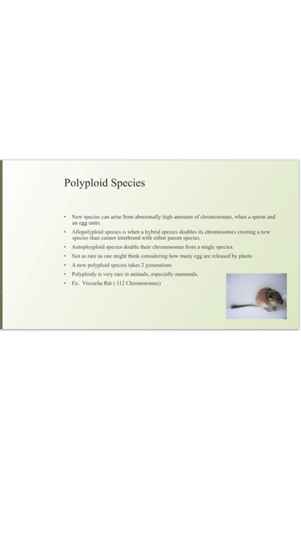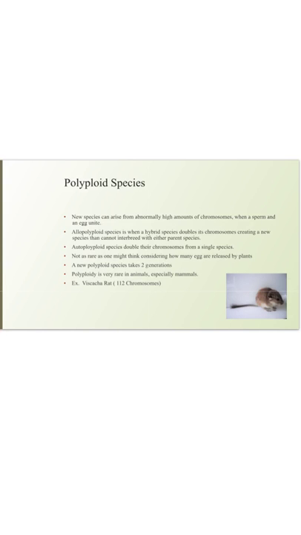And since it cannot interbreed with the parent, it has to branch off into its own. The second type is autopolyploid species, which double their chromosomes from a single species. This is not as rare as one might think, considering how many eggs are released by plants. Plants are very commonly doing this.